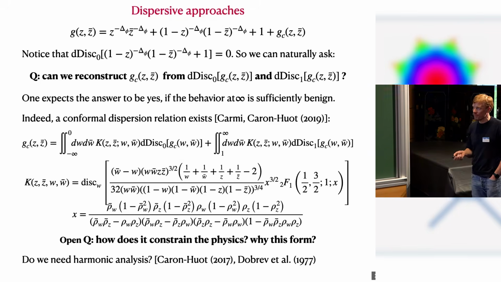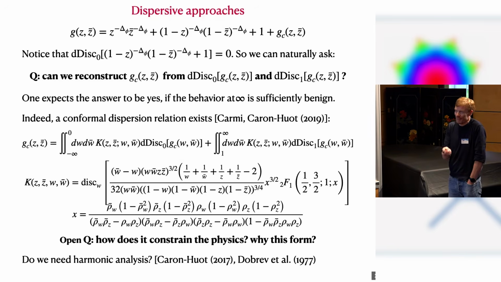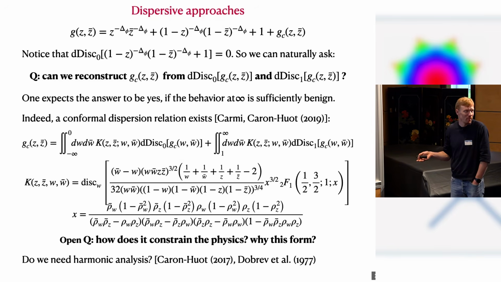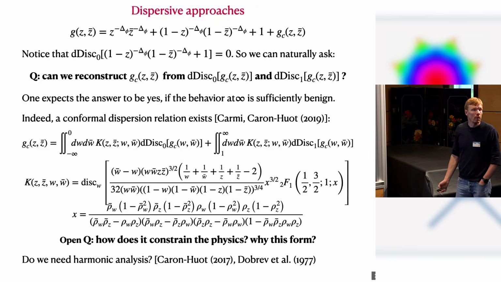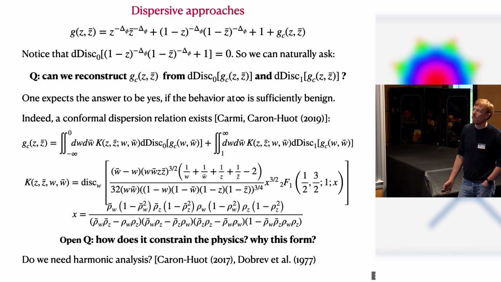One thing you can say is how in Mellin space I can reproduce the Mellin amplitude from the discontinuity. And there, what Dalimil showed is that it's a dispersion relation in Mellin space. It's just the usual Cauchy integral formula in Mellin space. In Mellin space it's super simple, the simplest dispersion relation you can have, but it becomes this horrible mess when you go to position space.